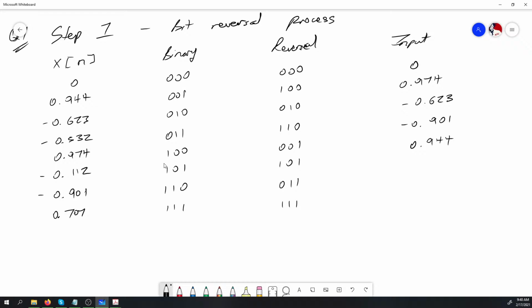Same thing as we keep on going. 101 is here, minus 0.12. 110, we need to match this back here to 0, minus 0.532. 111, the match is right here, so that's 0.77.